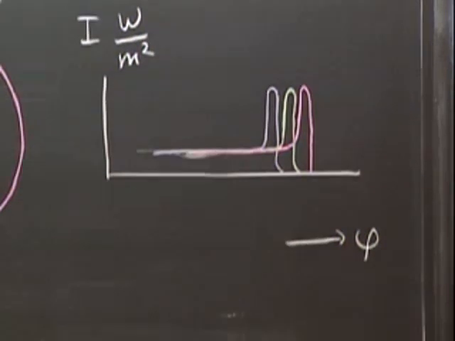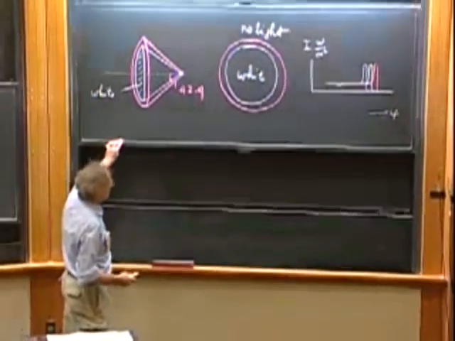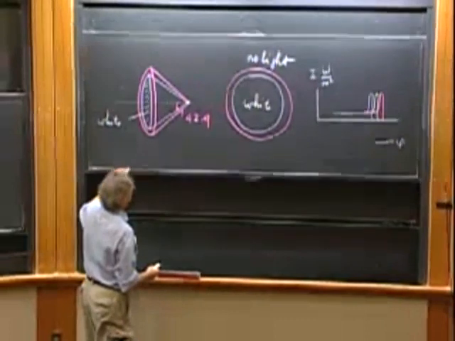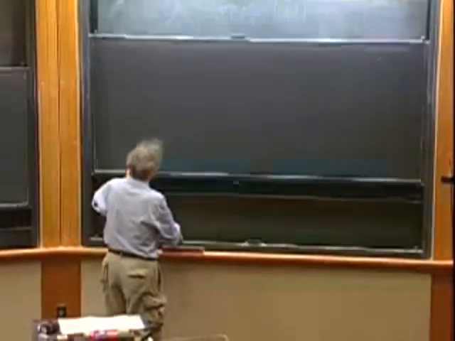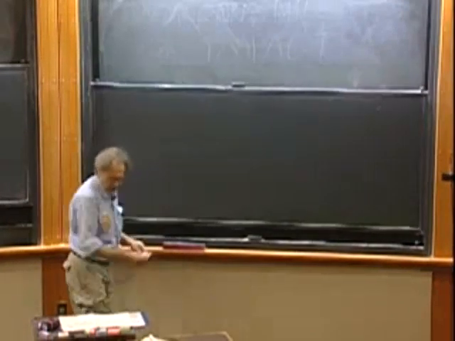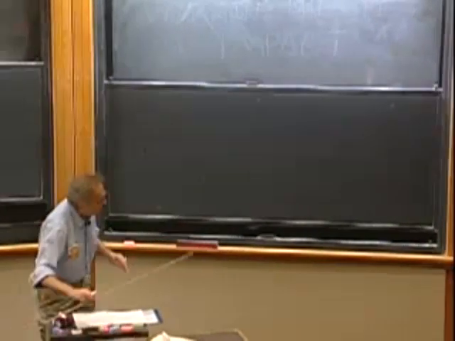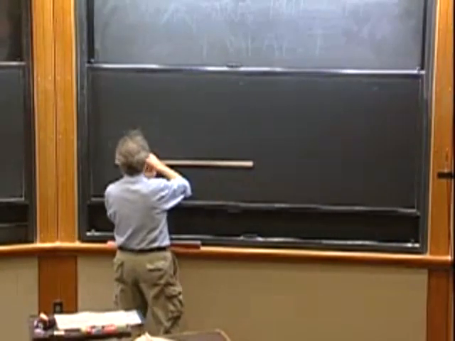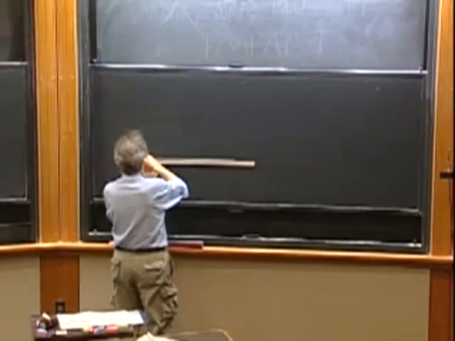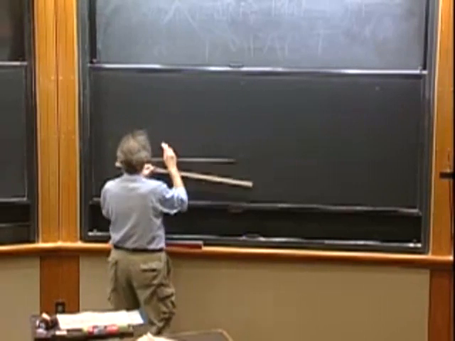So now comes the question, why do we see a rainbow? Well, I'm going to put you now somewhere at a location. This is the ground, and here you are.